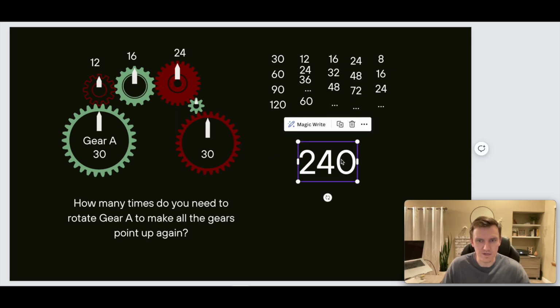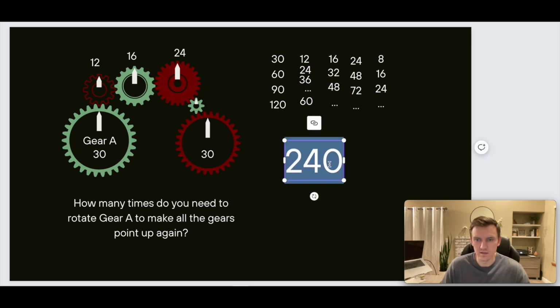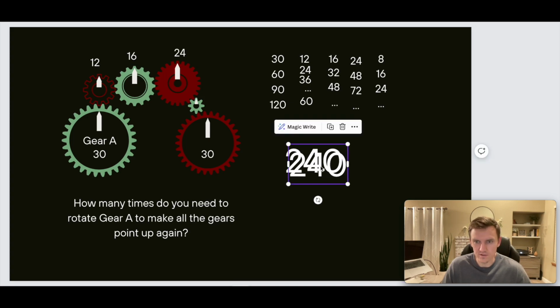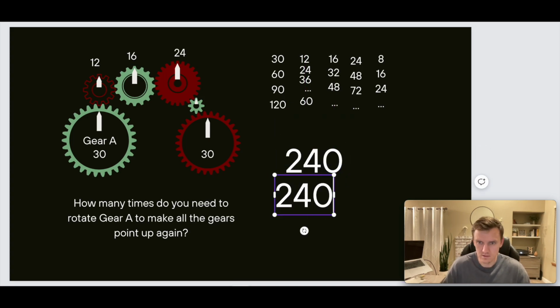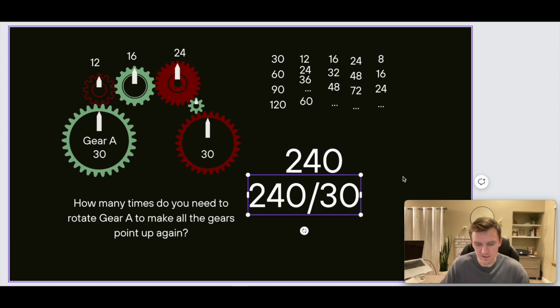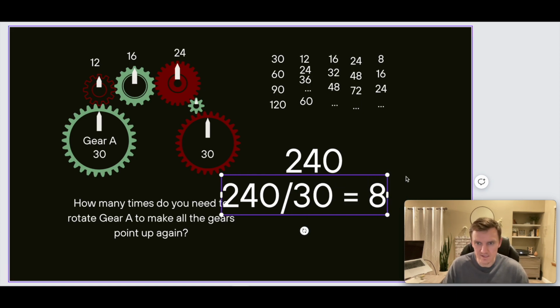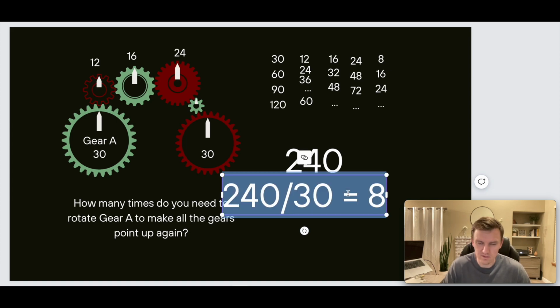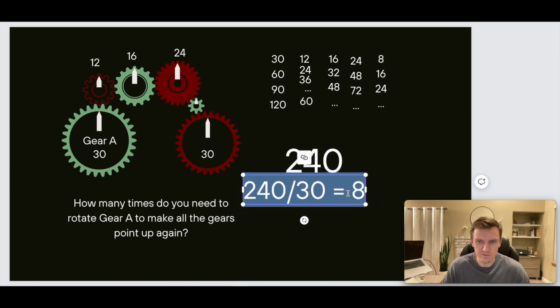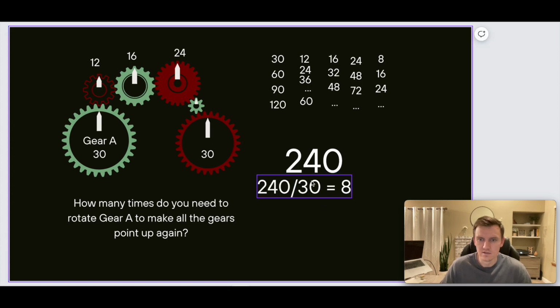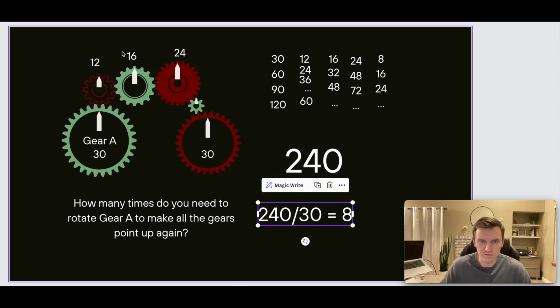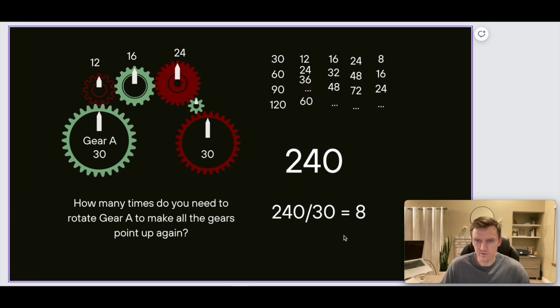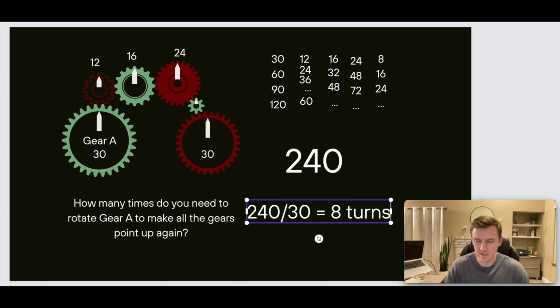The first gear will have turned 240 divided by 30 teeth, and that gives you 8. So that's the solution to this level. If you're curious about the other ones, you can do the math: 240 divided by 12, 240 divided by 16, and so on. So that's the solution for the first one. It was 8 turns for gear A to make all the gears point up again.